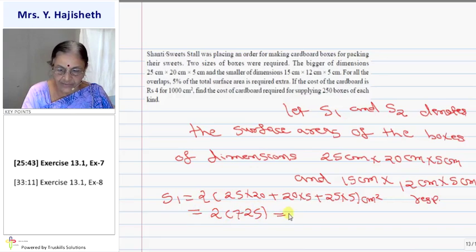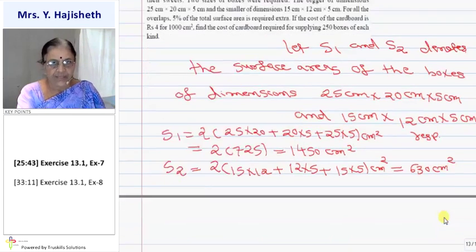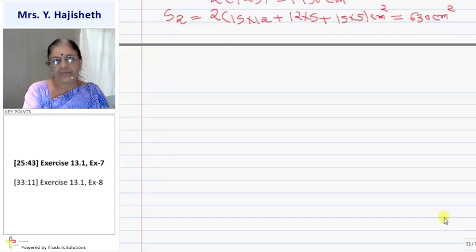So it is 1450 centimeter square. S1 has come. Now you find out S2. S2 is coming 2 times 15 into 12 plus 12 into 5 plus 15 into 5 centimeter square. If you calculate, it will come 630 centimeter square. You can do this much calculation. S1 and S2 found.